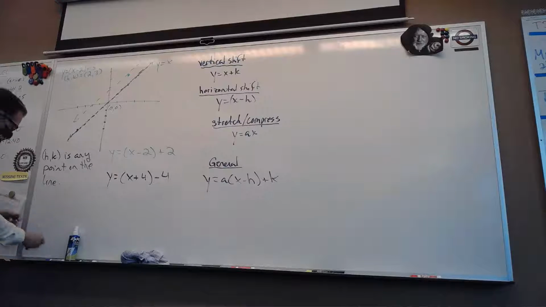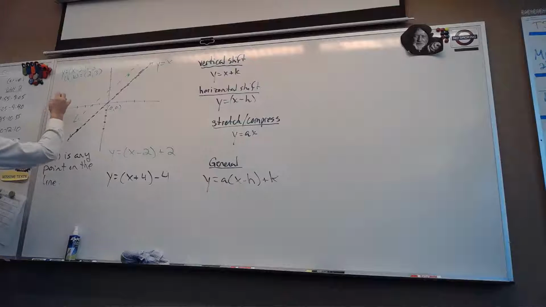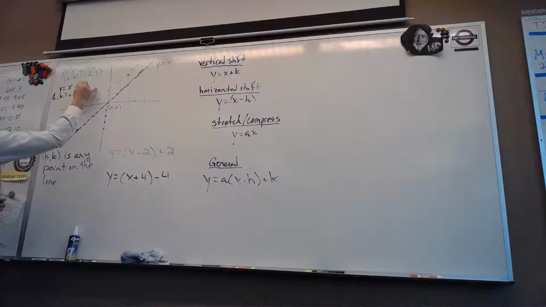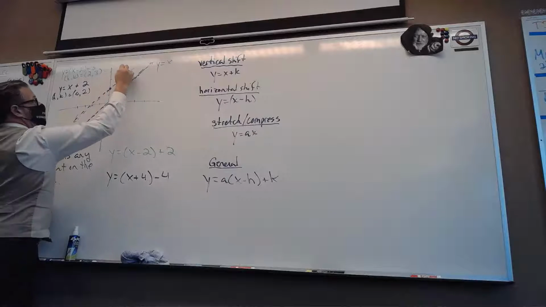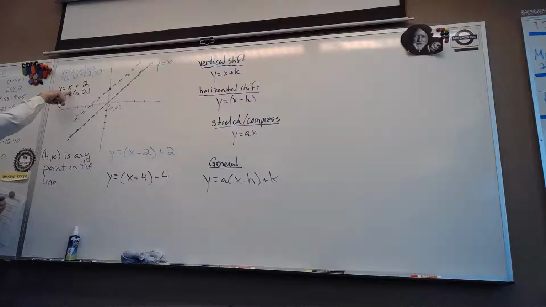And I could graph y equals x plus 2. Where's the locator point? 0, negative 2. Now, the one that's in the parentheses is the opposite. Notice that h comma k is a point on the line.